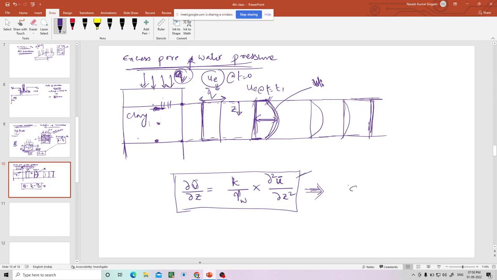At the end we will be getting CV into the partial differentiation of the pore pressure, U bar, with respect to time. This is the final differential equation which you are getting, where CV is called the coefficient of consolidation.